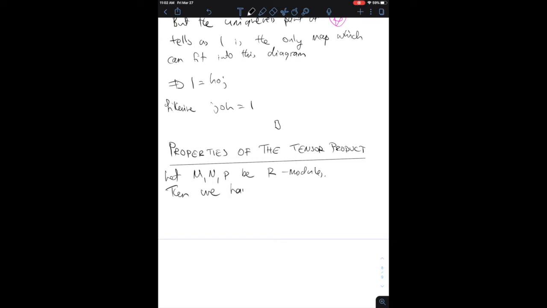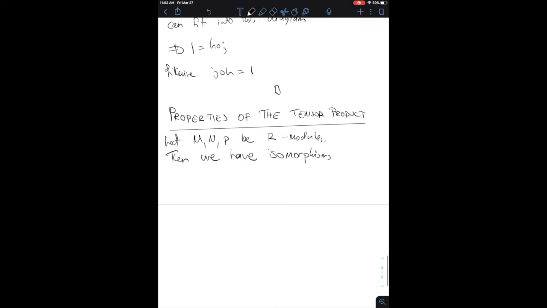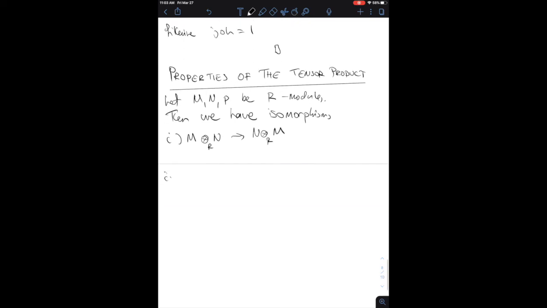Then we have isomorphisms. One, from the tensor product M tensor N to N tensor M, the other way around, so we can swap the order of the terms in the tensor product.